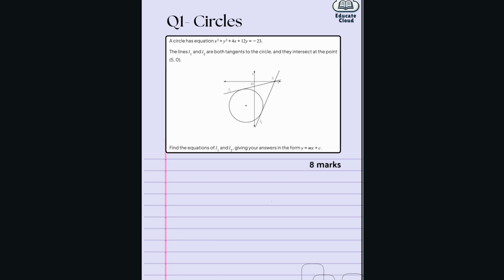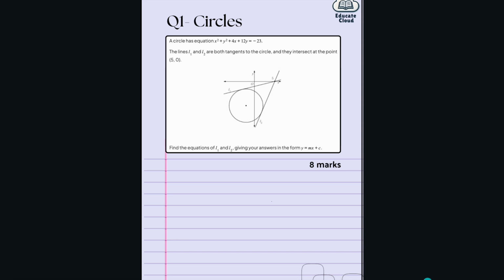It says a circle has the equation x squared plus y squared plus 4x plus 12y is equal to minus 23, and the lines L1 and L2 are both tangents to the circle that intersect at (5, 0). If you haven't already, pause it and try, and then we need to find the equations for L1 and also L2.